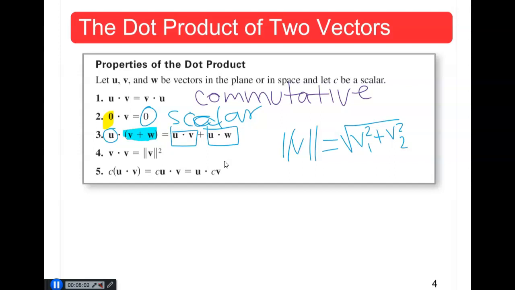So similar to the distance formula or the Pythagorean theorem. So if we were to square that, then we do lose the square root. So that is what we have here for property 4.